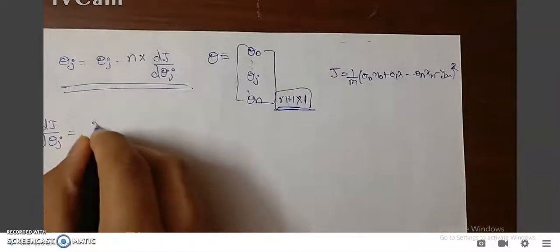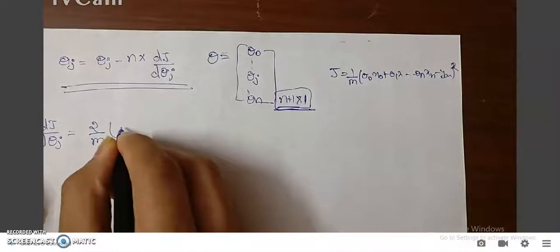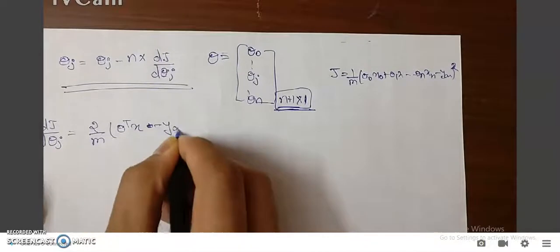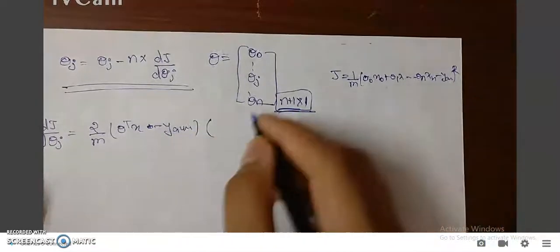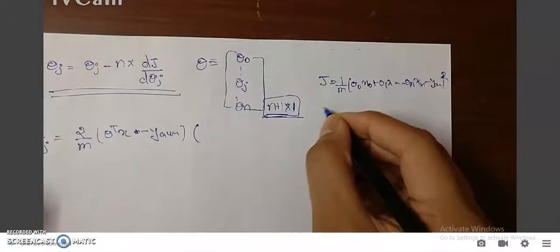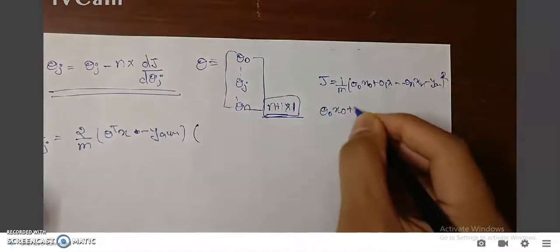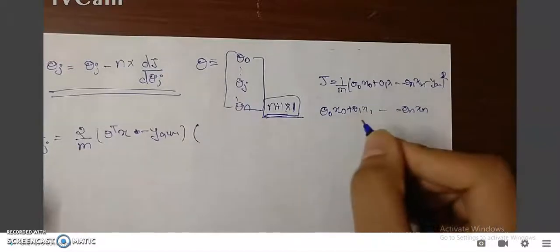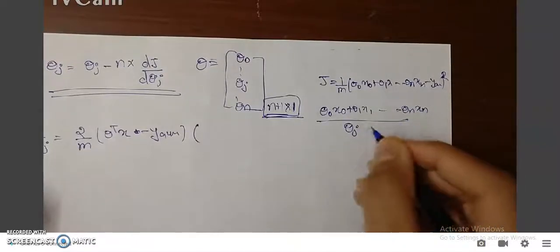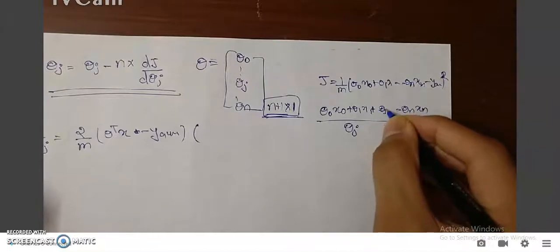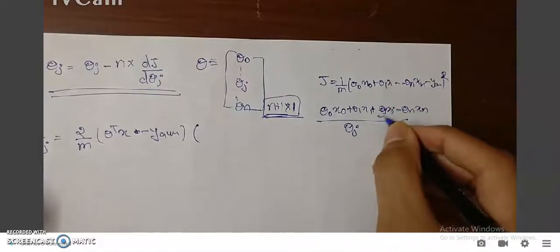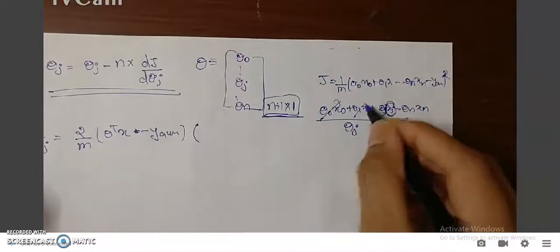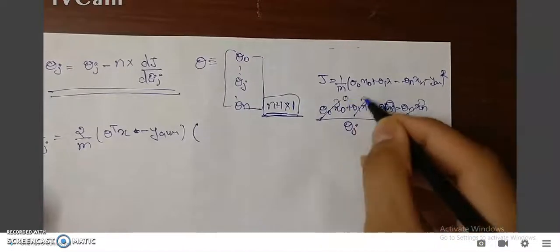So the derivative would be 2 by m (theta transpose x minus y actual) into, now if I want to do the differentiation of theta naught x naught plus theta 1 x1 till theta n xn with respect to theta j, then only theta j xj remains with a variable, otherwise all are just coefficients, so they all will be 0.